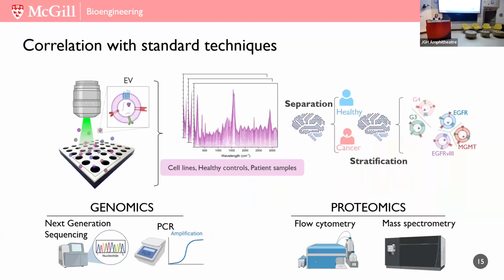But at this point, you probably see what this all means. These spectra we can classify, but can we also correlate them with any of the standard genomics or proteomics techniques? This is exactly what we are doing right now. We are trying to correlate our spectral peaks and understand how this classification can achieve the same accuracy as sequencing and proteomics studies.